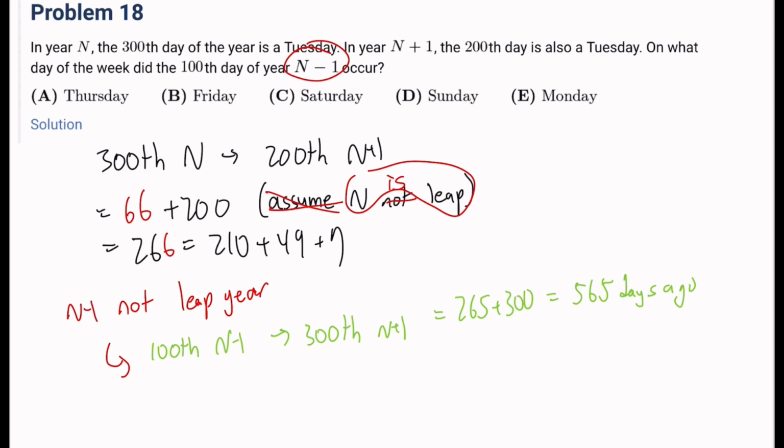But then 560 is a multiple of 7, 7 times 80, right? And so that means that 565 days ago is equal to 5 days ago by day of the week, right? So this is equal to 2 days later. And since right now is a Tuesday, that means 2 days later than Tuesday is Thursday. So the answer is Thursday, it's A.